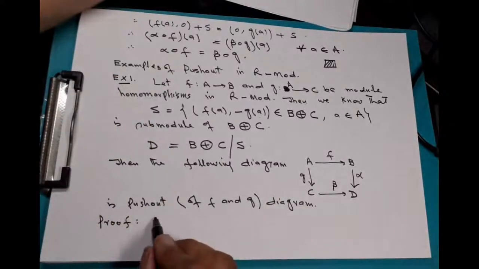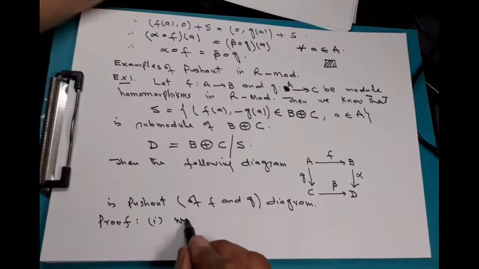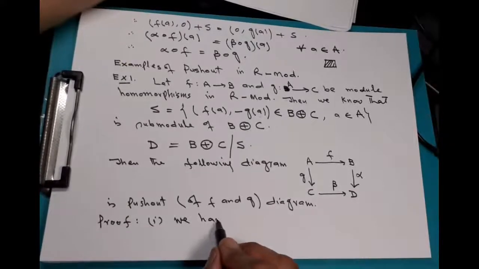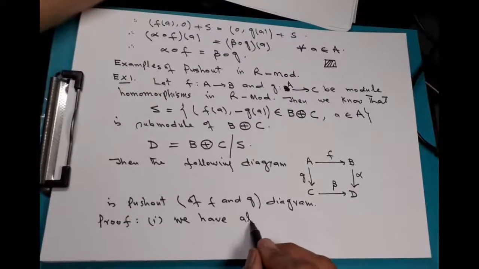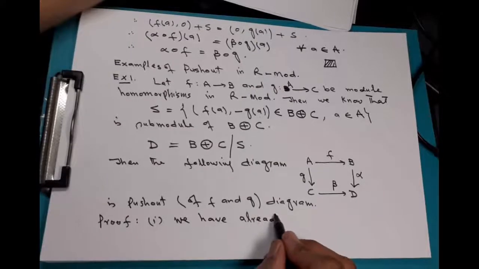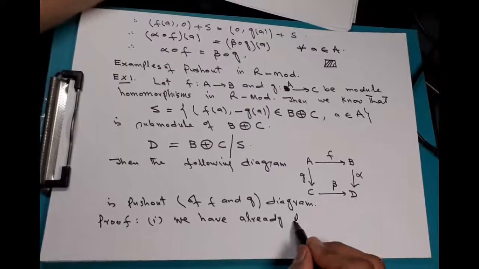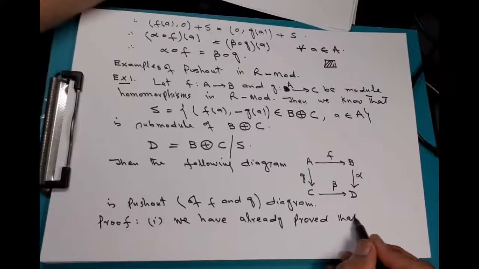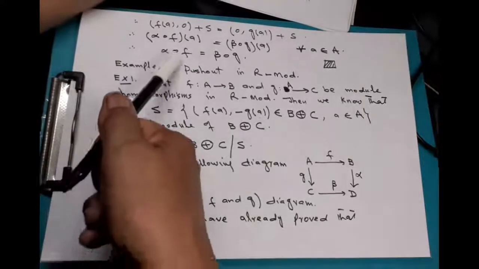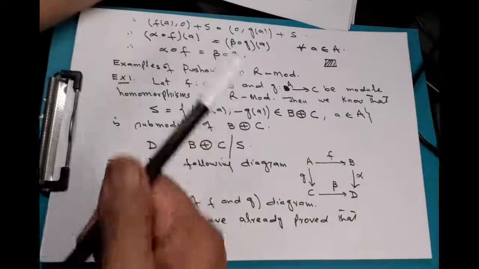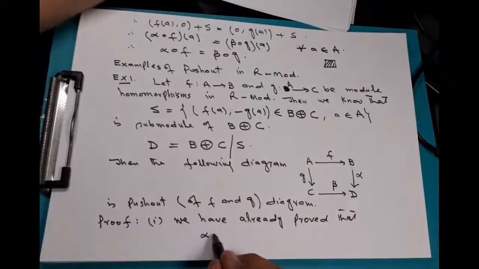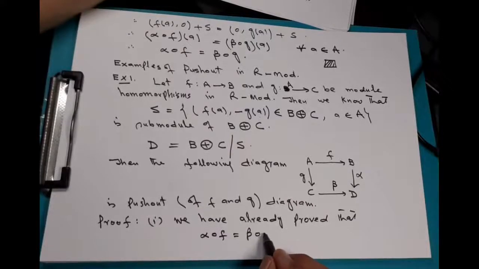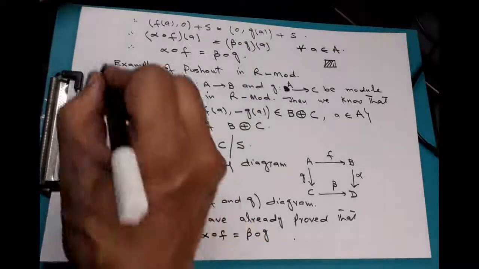So first of all, we have already proved that alpha composed with F is equal to beta composed with G. So our first condition is automatically satisfied.